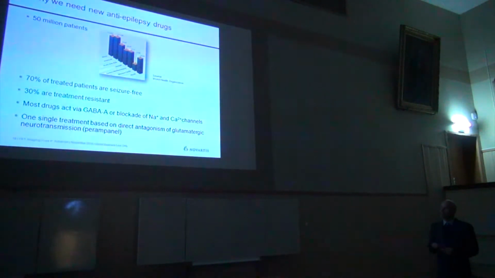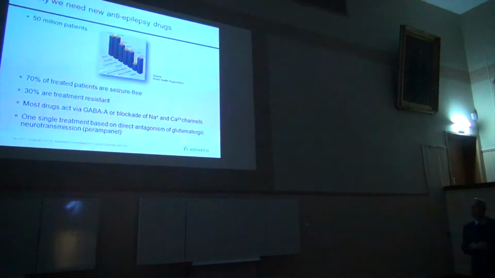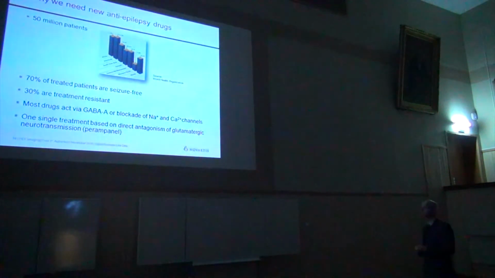The reason is that of the 20 anti-epileptic drugs that I mentioned before, most act via GABA-A agonism or the blockade of sodium and calcium channels. So it's basically two mechanisms. 20 drugs, only two mechanisms. And there is only one that is based on the direct antagonism of glutamatergic neurotransmission. It's perampanel, a non-competitive AMPA antagonist.